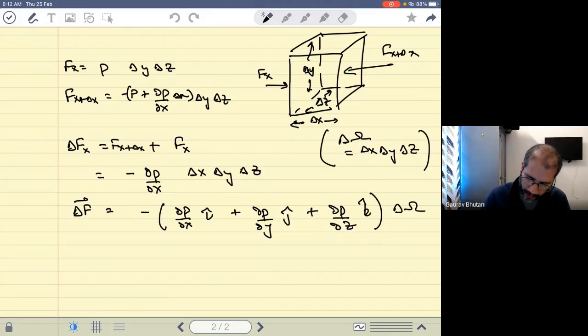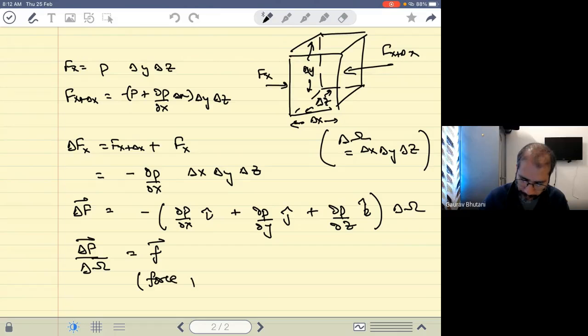In fact, it's more common to write the ratio of the infinitesimal force to the infinitesimal volume, which we will call the force per unit volume. The volume size was our choice, so it's worth talking about the force per unit volume.